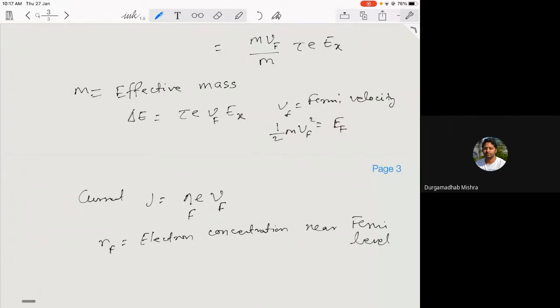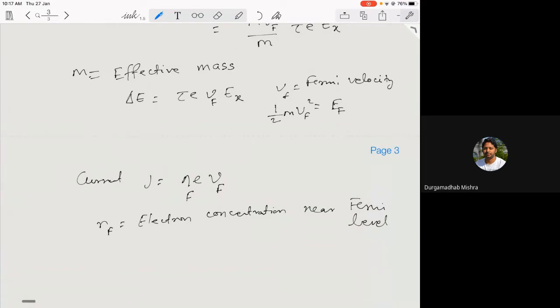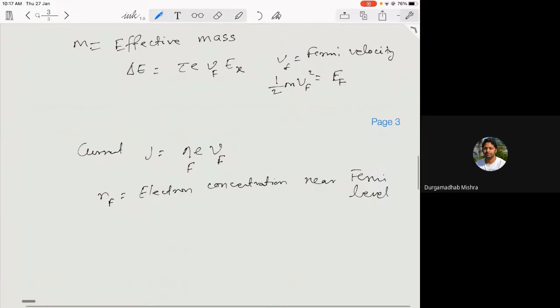That means those electrons which gain a certain energy delta E, that number nF, will contribute to the conductivity. And now what is nF? We can calculate it from the density of states at the Fermi level, g(EF), and the distribution, times delta E.